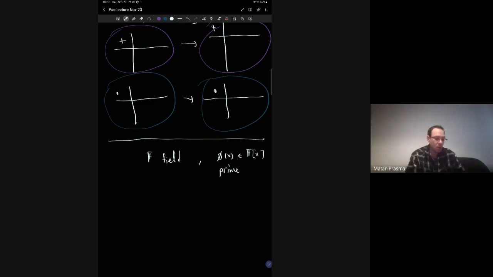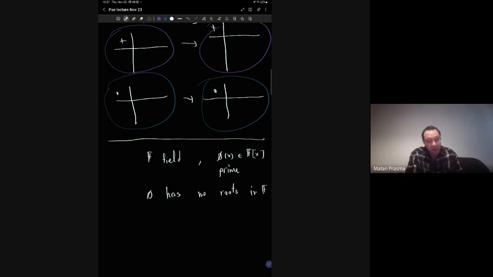So in particular, phi has no roots in F, right?